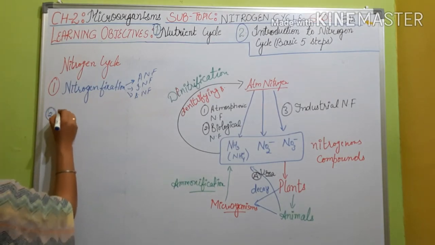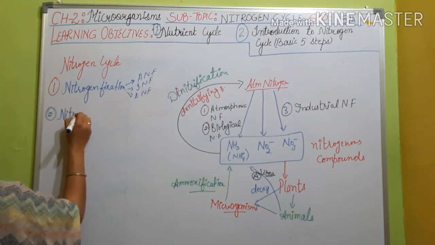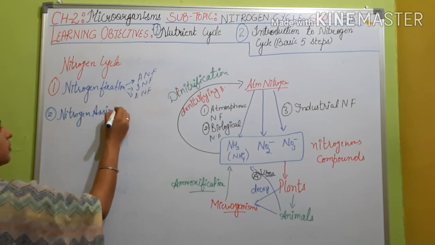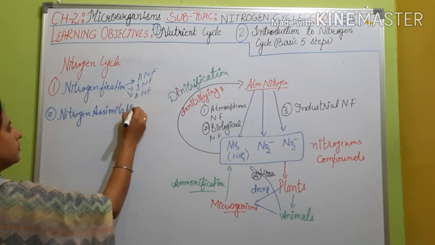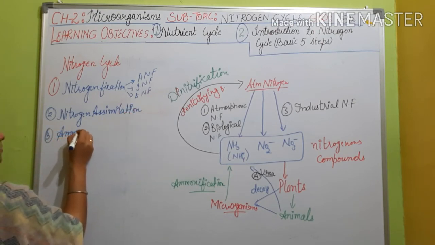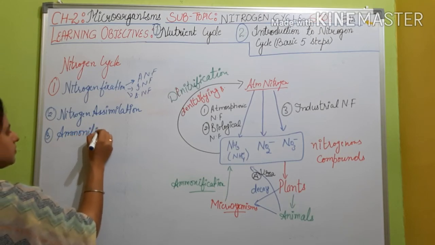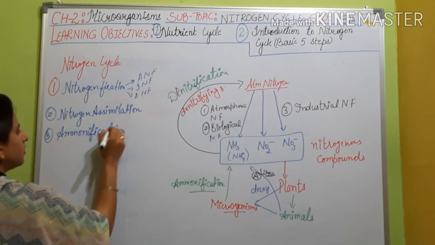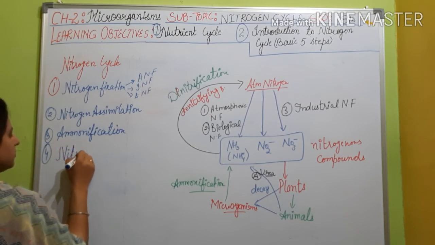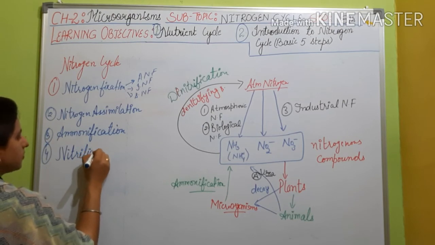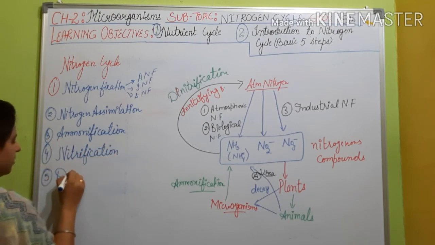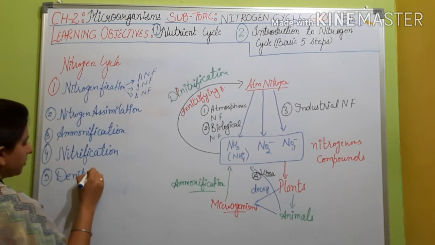Second process is nitrogen assimilation. Third step is ammonification. Fourth step is nitrification. And the last step is denitrification.